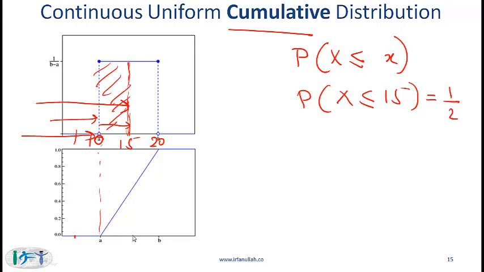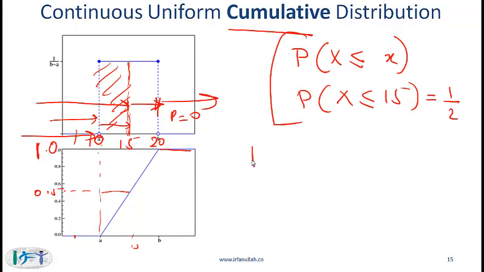When we are at 15, which is the midpoint, the cumulative probability will be 0.5. As you get to 20, the cumulative probability becomes 1. After that, as you keep increasing, the cumulative probability stays at 1 because here the probability is 0, so you are not accumulating any more probability.